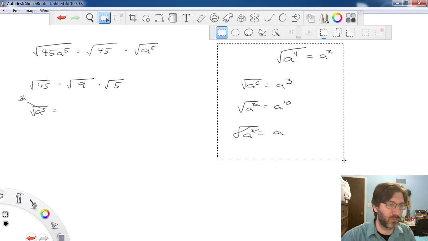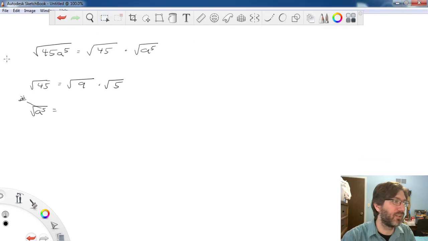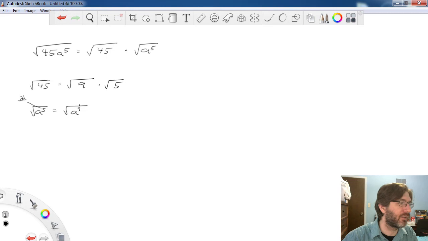So what we want to do is have one factor with an even number of exponents, and the other factor with an odd number, which is just going to be 1, because we're left with 1. Or it won't be anything, because we can take all the even ones out. We can do this together. So instead of doing it all separately, we can just think of factors of this.